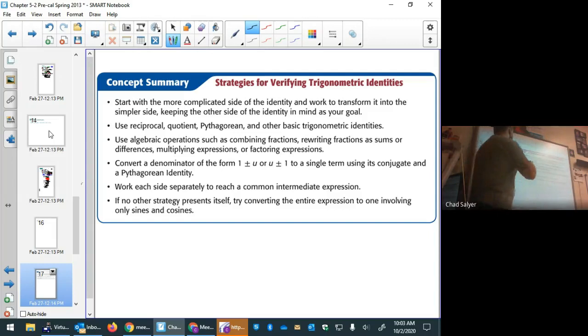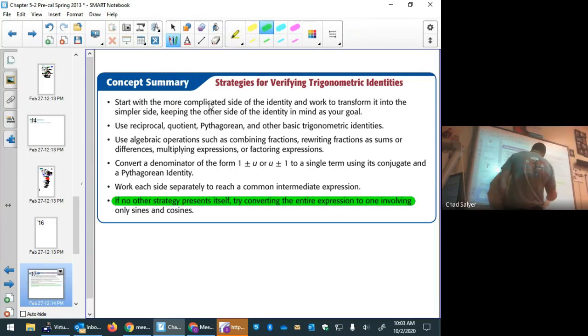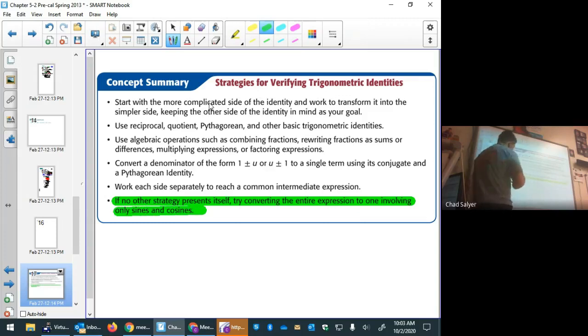This last one, I wind up here a lot with these, because if I'm working one for the first time, sometimes the path to a solution is not obvious, and this is sort of the catch-all. If you convert it into sine and cosine, the relationships will be more obvious.